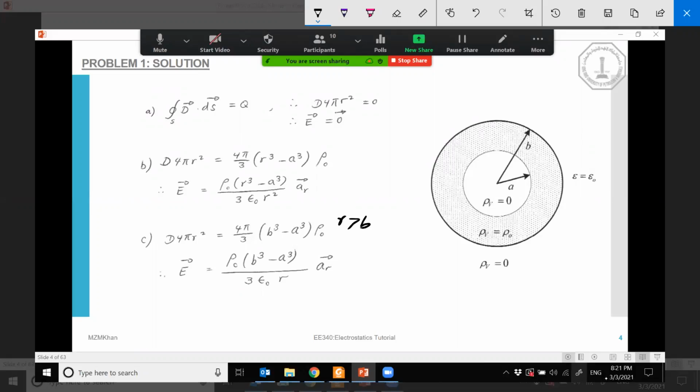So now let me put again another Gauss surface: a spherical shell in the region of interest where r is greater than b, and let it be of radius r. And r is variable. It can take values anywhere from b to infinity.